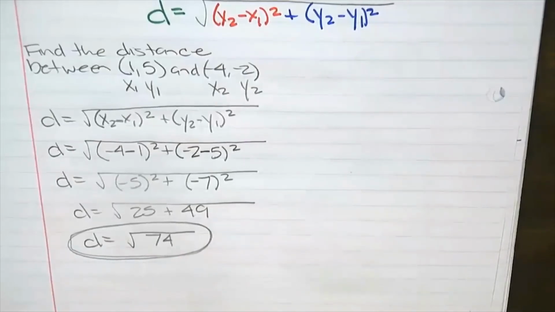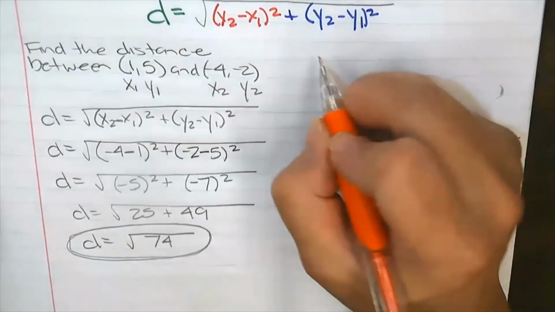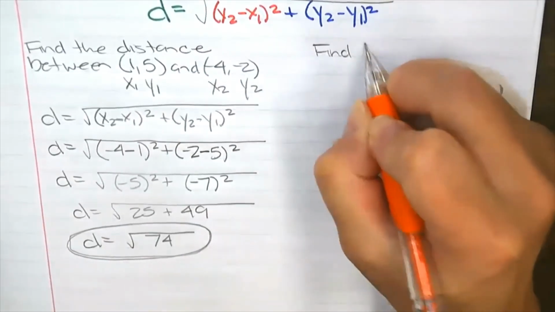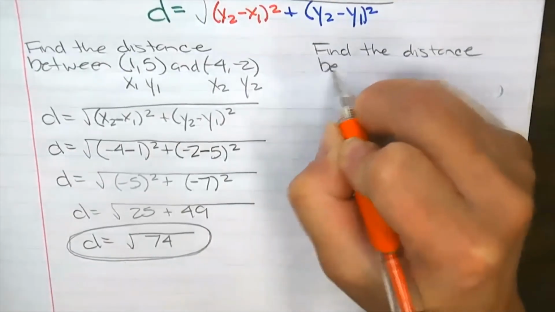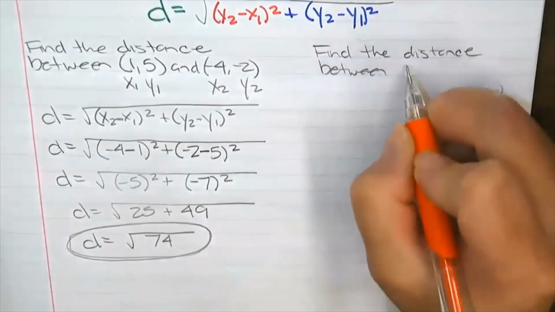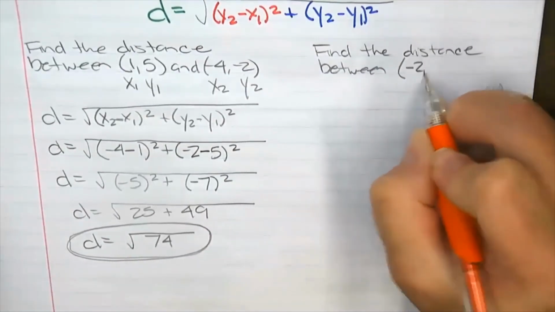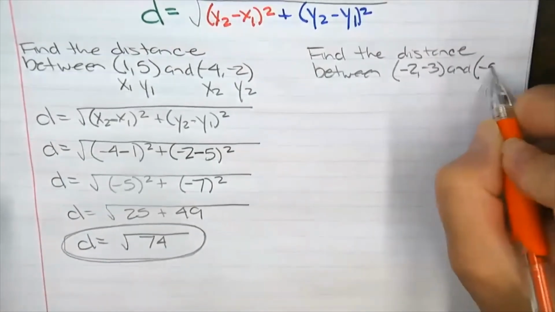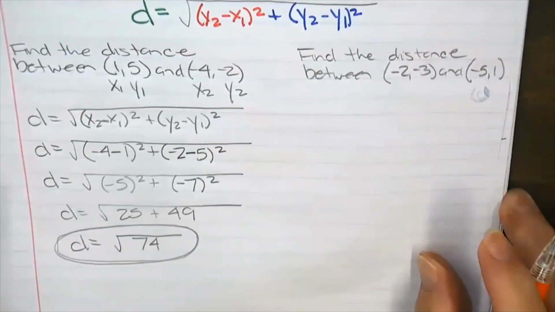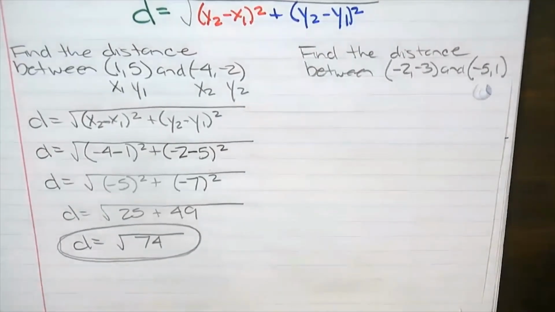Okay, let's do one more. Let's find the distance between -2, -3, and -5, 1.